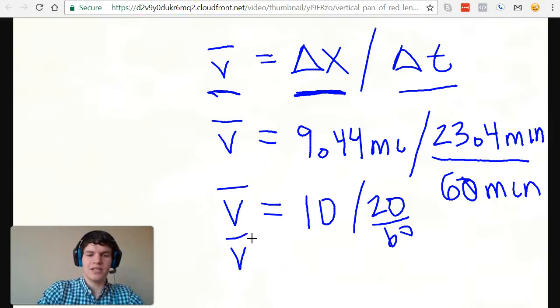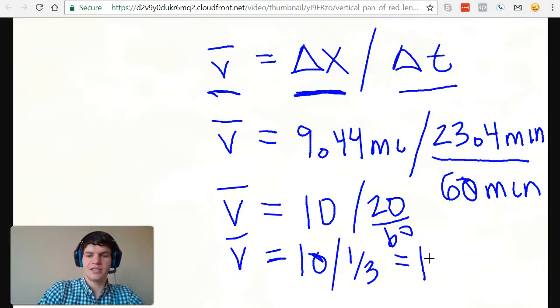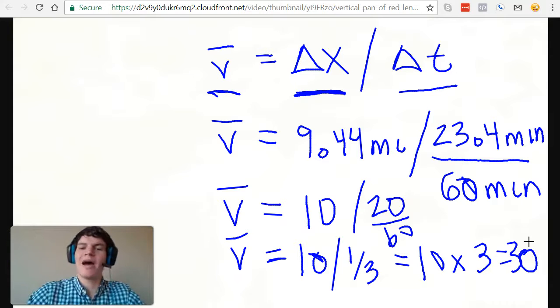So V equals 10 divided by 1/3, which another way of writing that is 10 times 3, which equals 30. So my answer is 30 miles per hour. At least that's the approximation for my answer.